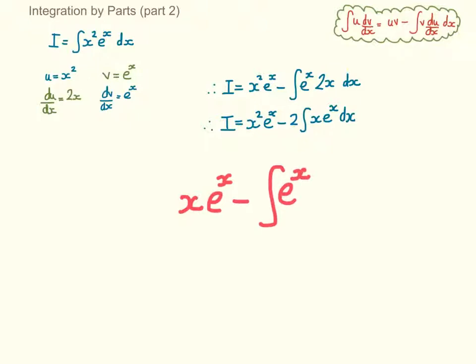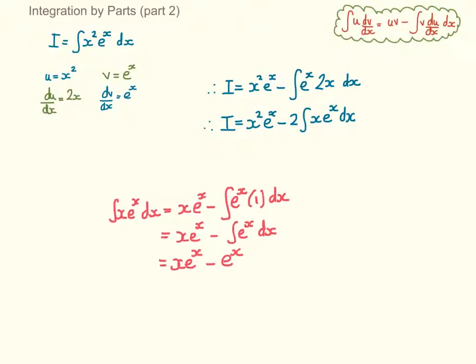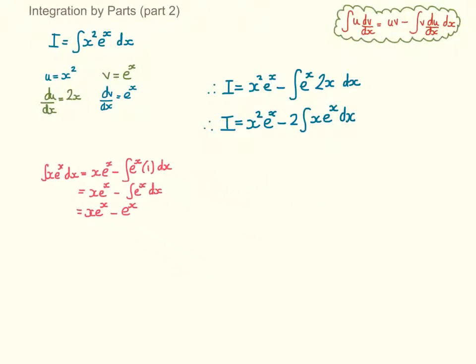And then if u was x, then du by dx is going to just be 1. So just in one line there. But obviously, when you're doing these questions, I'd recommend you not to do that, but to break it up and set out the working like we've been doing. So that's going to give us x e to the x, subtract e to the x. Done. Okay? Just shrink that and put it over to the left for the rest of our working out.